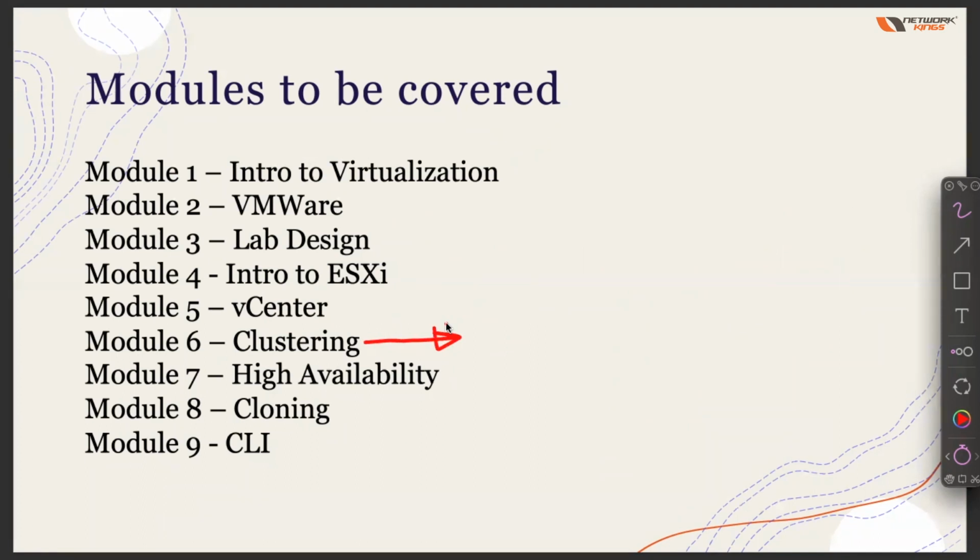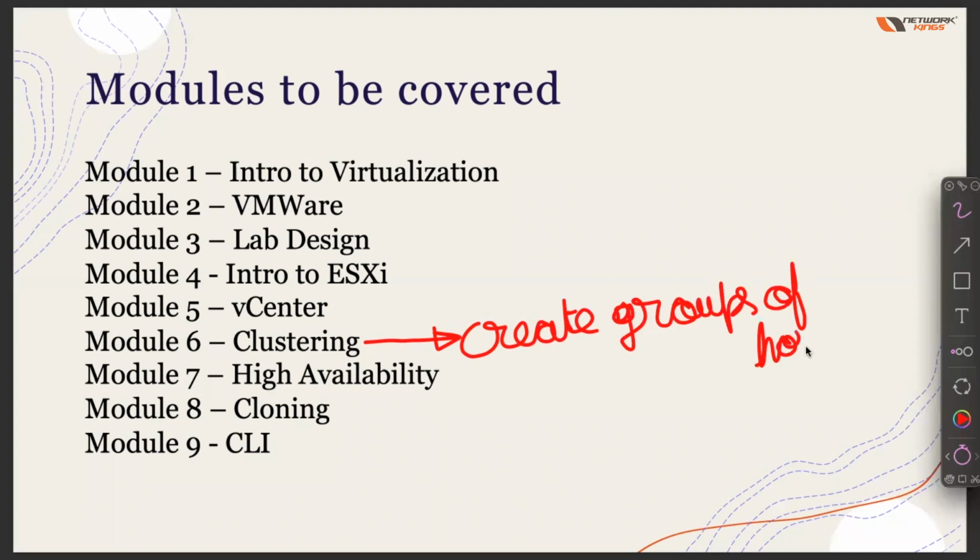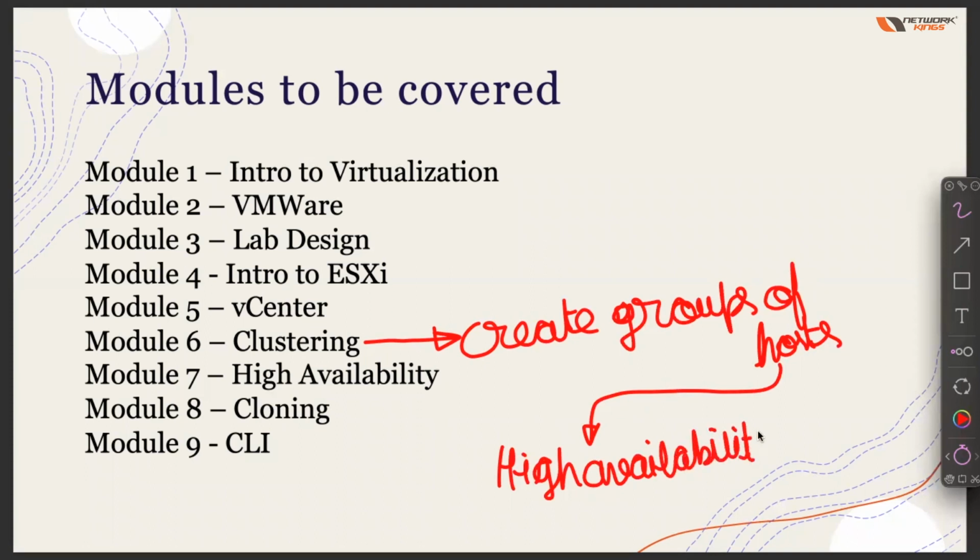Like how can we create small groups of hosts, right? In order to achieve high availability, which is module number 7, and fault tolerance.